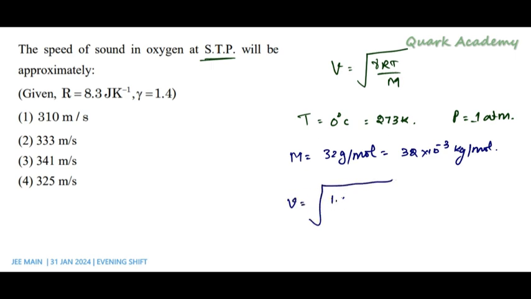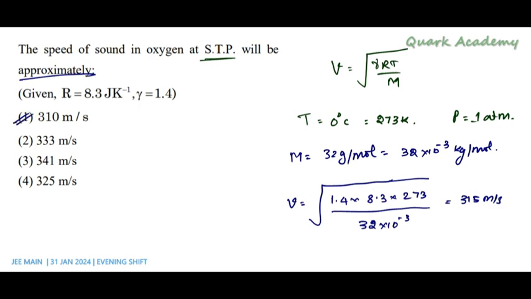So gamma is 1.4, gas constant 8.3, and temperature 273 Kelvin. Here it's important to write the temperature in terms of Kelvin, and this is 32 into 10 power negative 3. If we find the answer, it will come around 315 meter per second. Here they have mentioned approximately, so we can see the value which is close to 315. It is going to be 310.